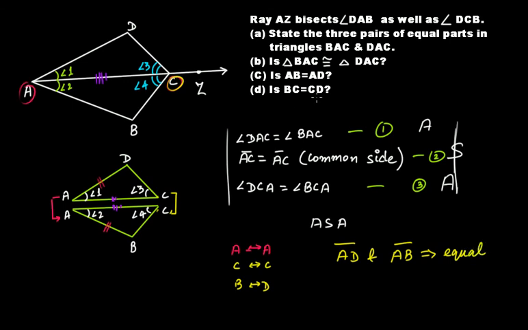Similarly, is BC equal to CD? Yes, of course, BC will be equal to CD because it's another pair of corresponding sides. Side CD and side BC, these are a pair of corresponding sides, and since these two triangles are equal, therefore, yes, these two sides will also be equal.